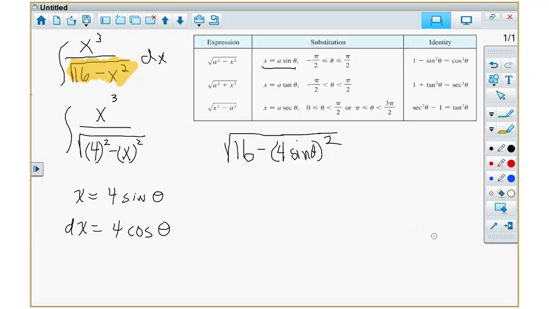That's why it's called trig substitution, so you can get rid of the x's. If y'all hadn't caught on to that yet. Square root of 16 minus what? 16 sine squared theta.